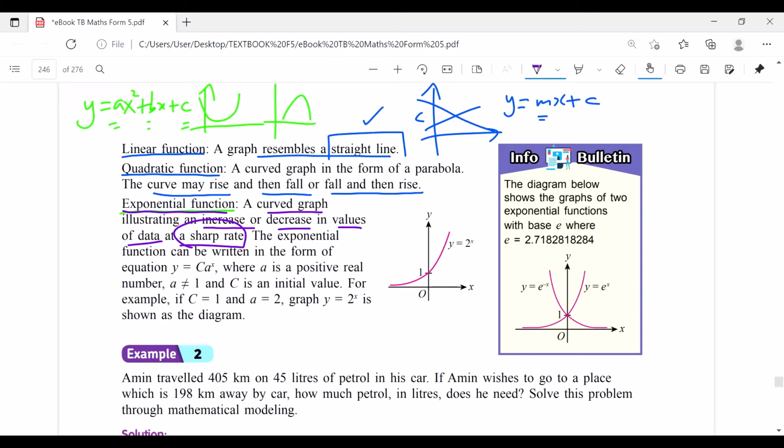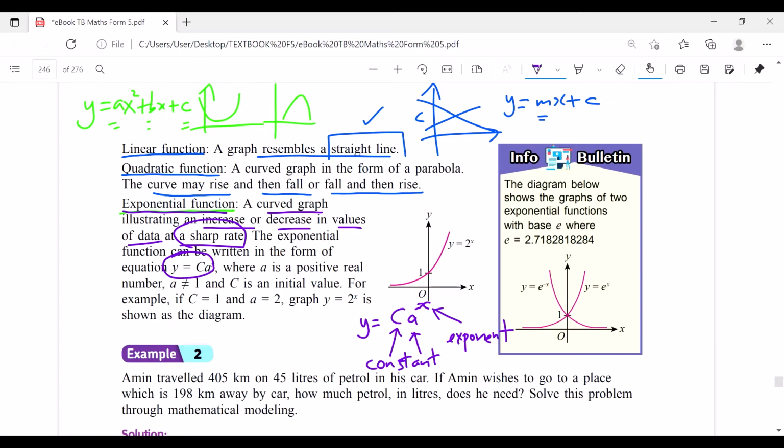So the function is like this. y equal c a to the power x. So x actually is the exponent, and c and a are constants. It can be any value except 0.